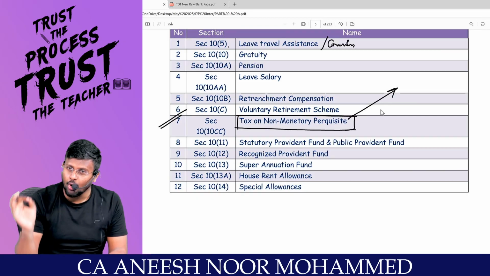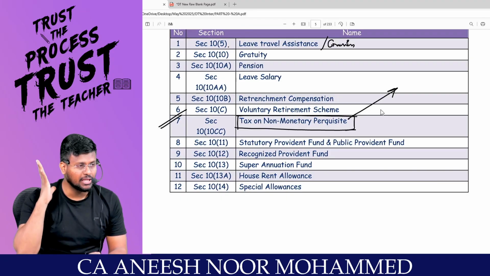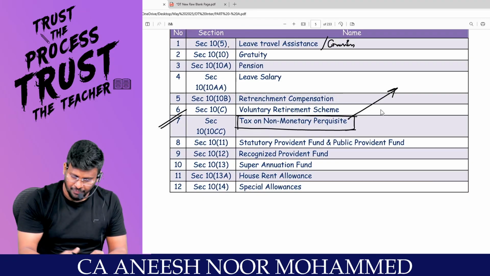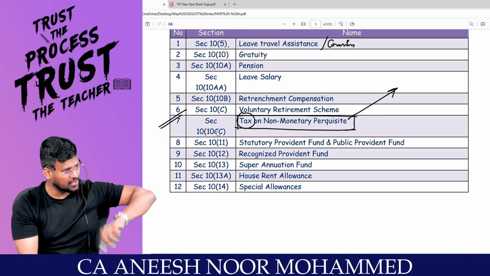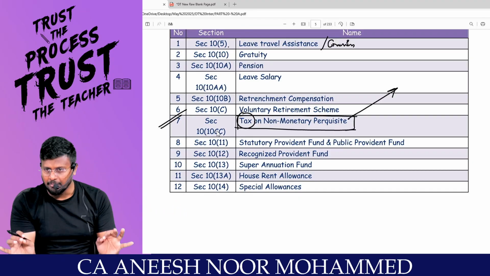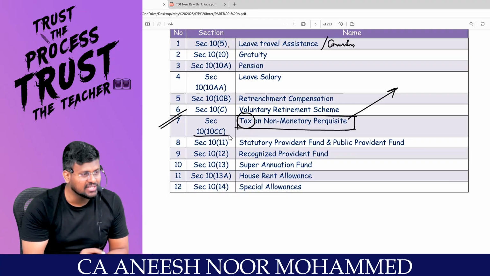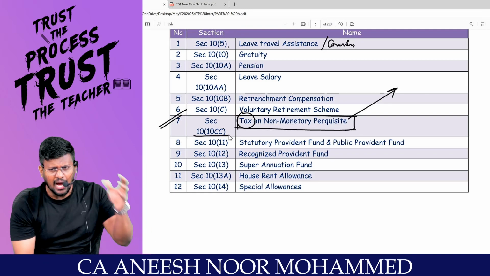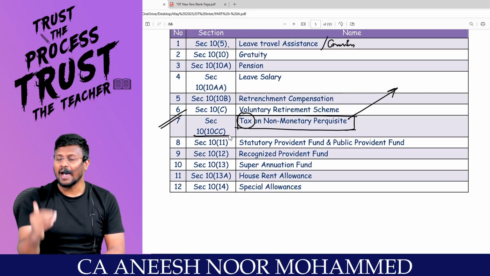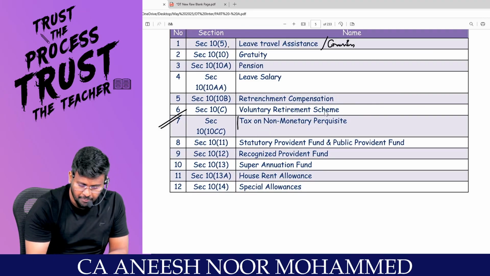If any non-monetary perquisite is given by the employer to the employee, the tax paid by the employer on that will not be treated as income in the hands of the employee; it will be exempted under section 10(10CC). Sir, whether 100% is exempted or some portion is exempted, we have to go and check that section. I am just introducing the section numbers and the basic sections available.